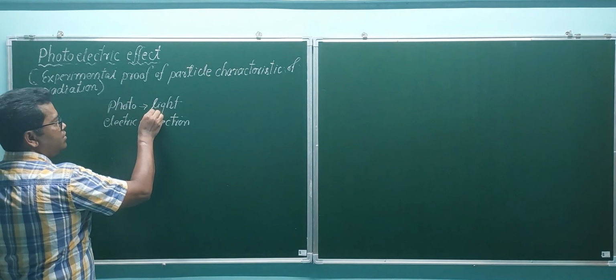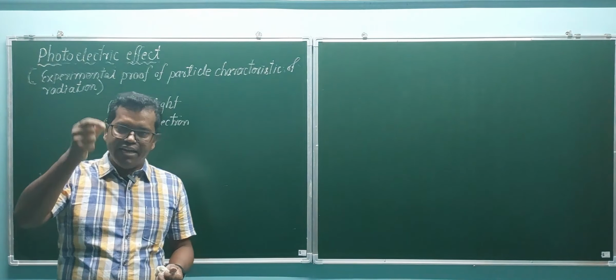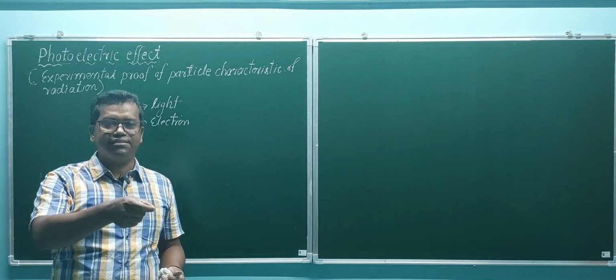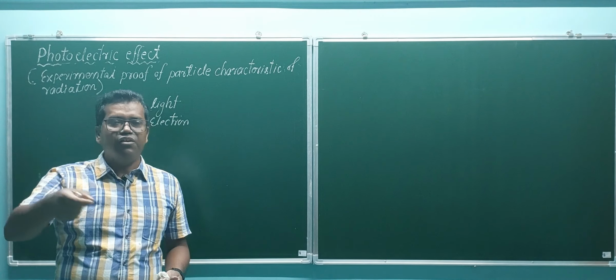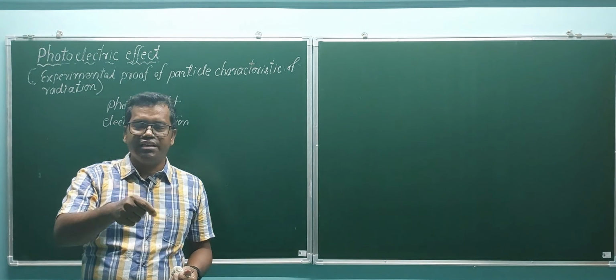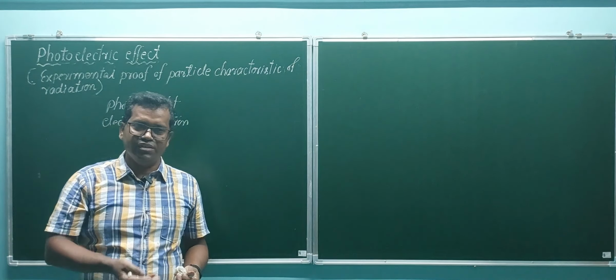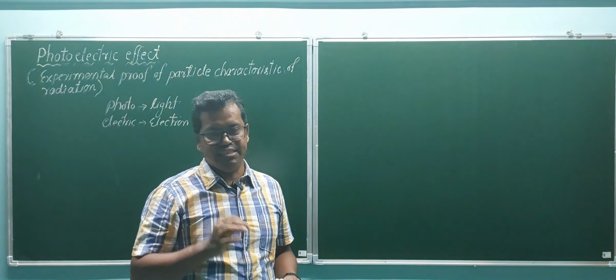When light falls on a metal surface, electrons are ejected. That is, when light falls on a metal surface, there is emission of electrons. This is called the photoelectric effect. So the definition is like this.